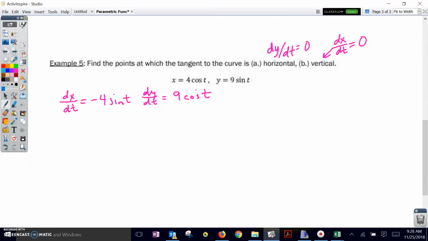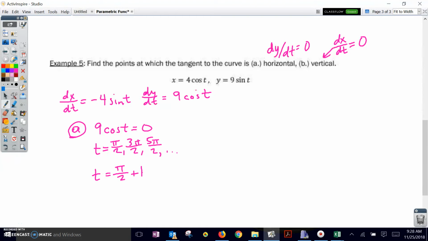Alright, so for part A, when it's horizontal, I'm looking for where 9 cosine of t is equal to 0. And that happens for t equals pi over 2, 3 pi over 2, 5 pi over 2, etc. So t is equal to pi over 2 plus k pi.